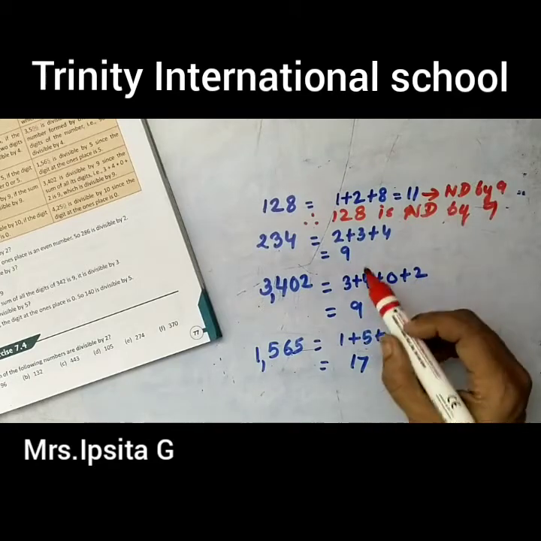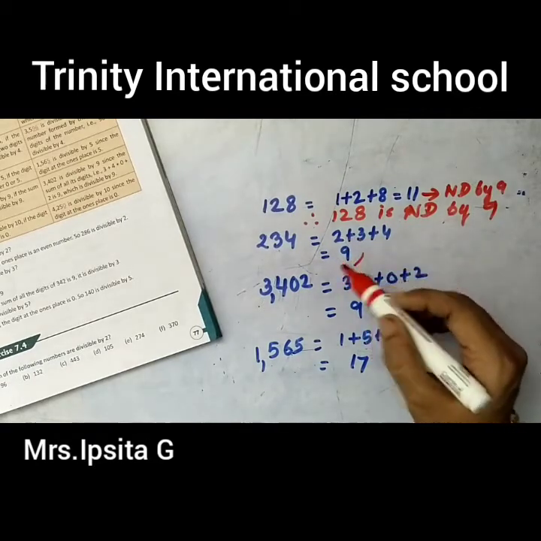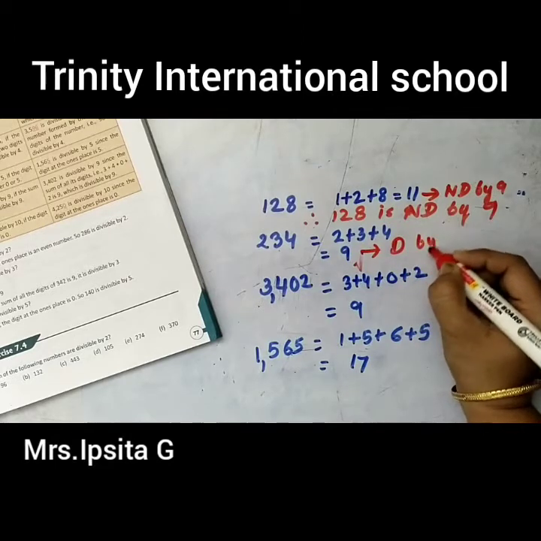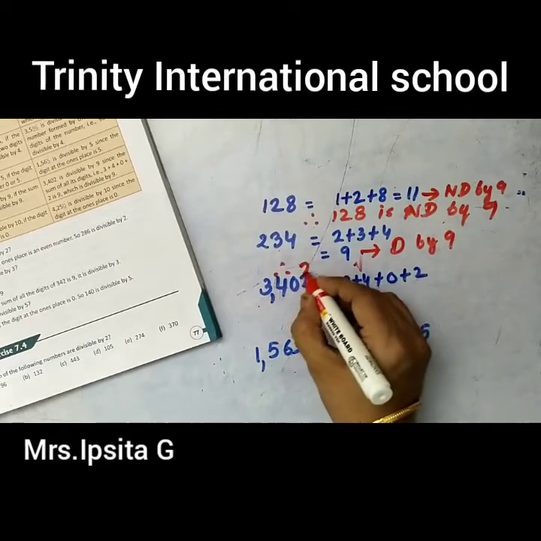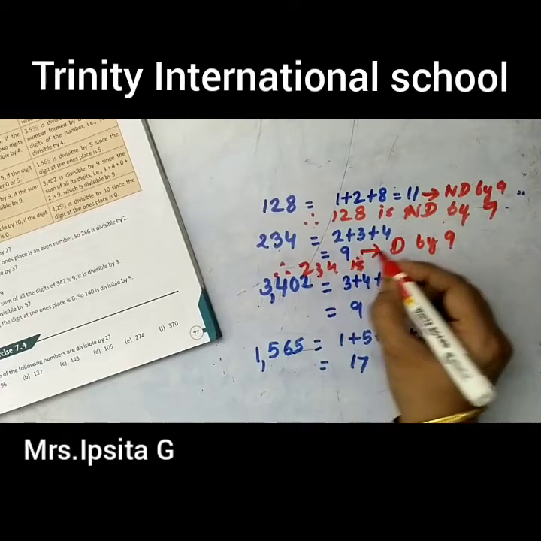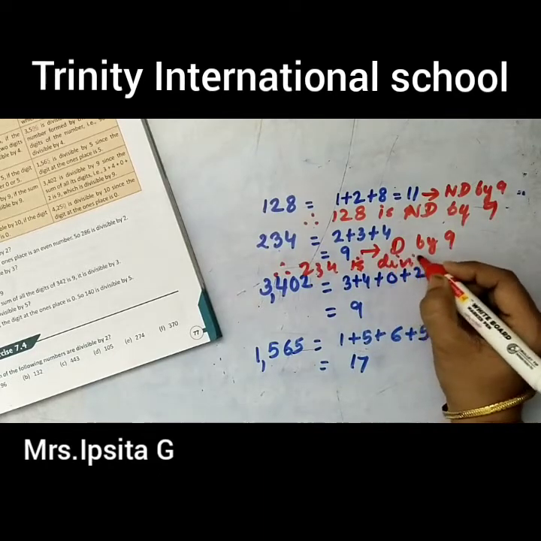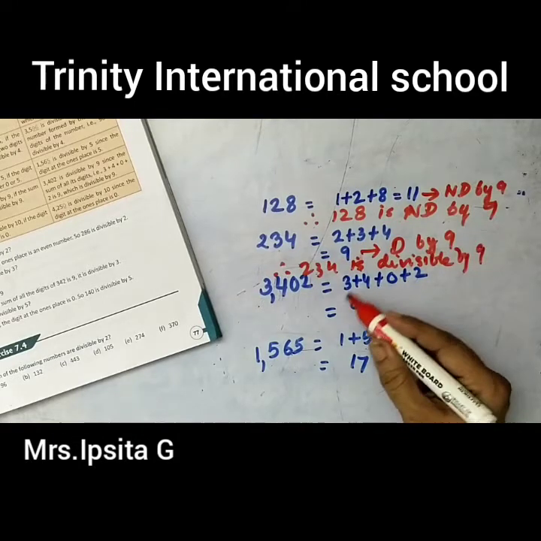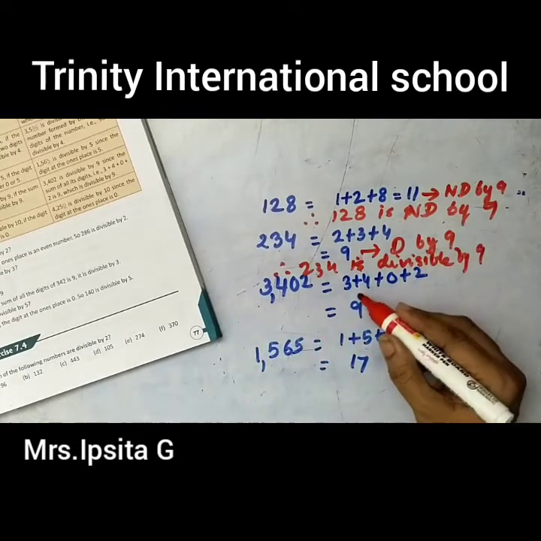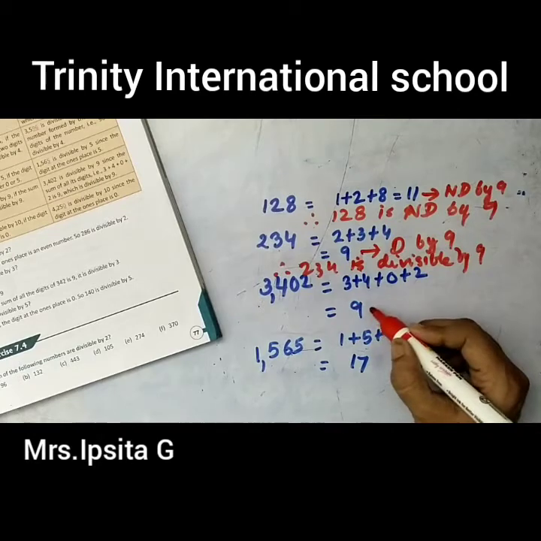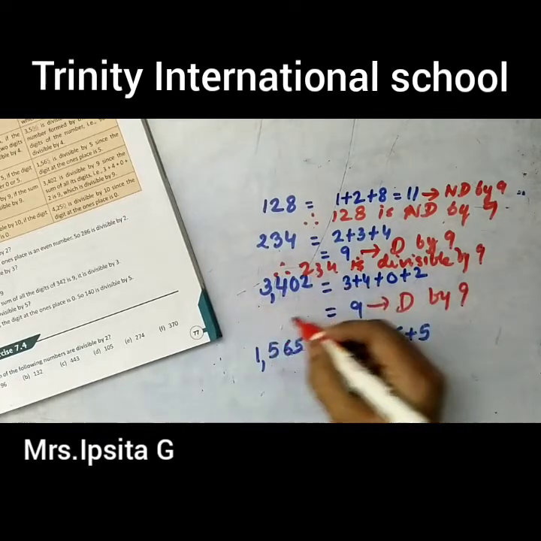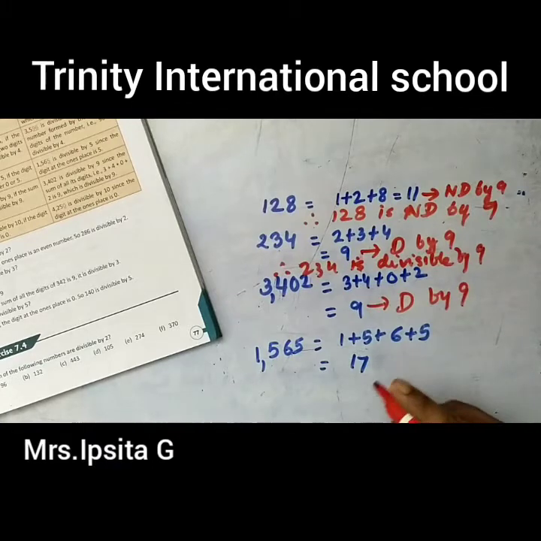Okay, now if you look at this number here, 9 is divisible by 9, therefore 234 is divisible by 9. Okay, now if you look here, in this number also you have got 9. So this is again divisible by 9. So this full number is divisible by 9.